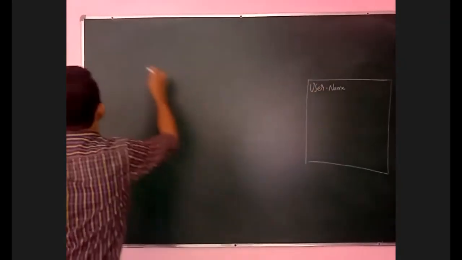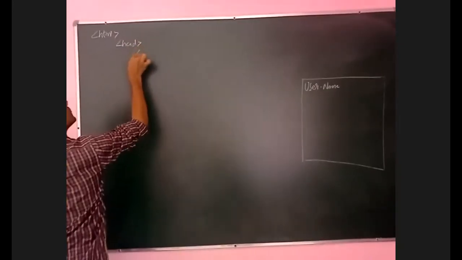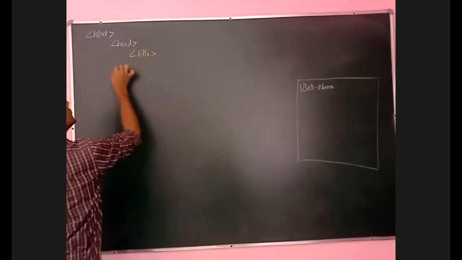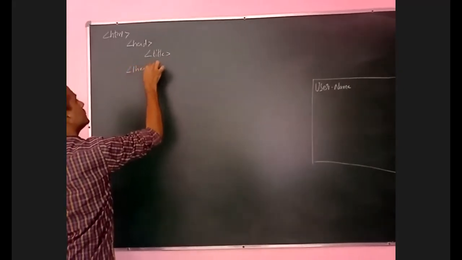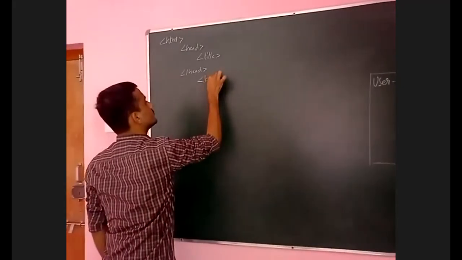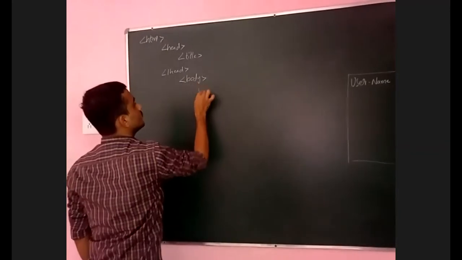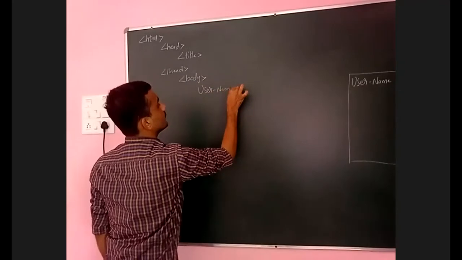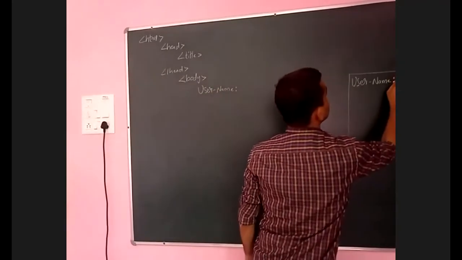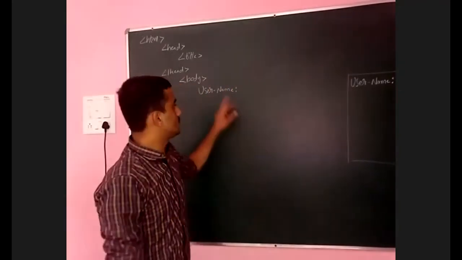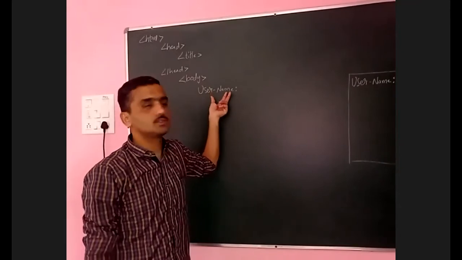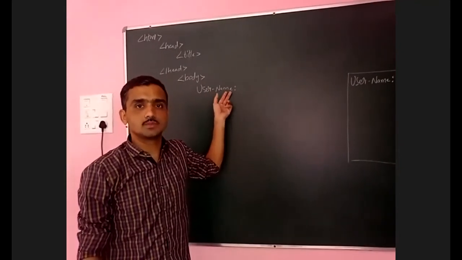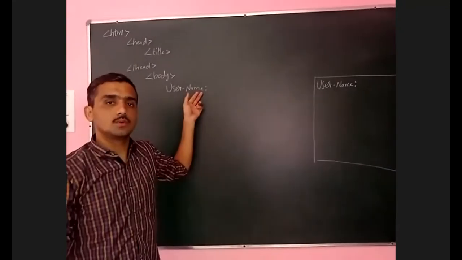Just start the HTML, write the head tag, write the title, then in the body tag, if you just write the word username, it will appear. Whatever you write in string format will appear.